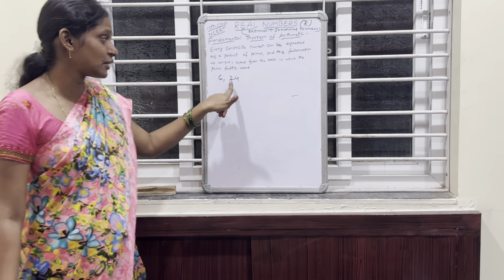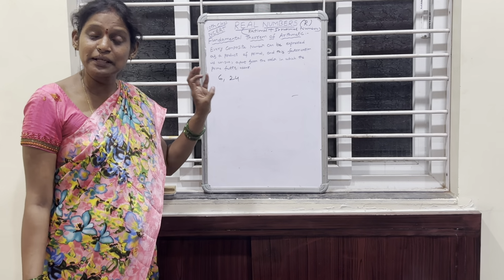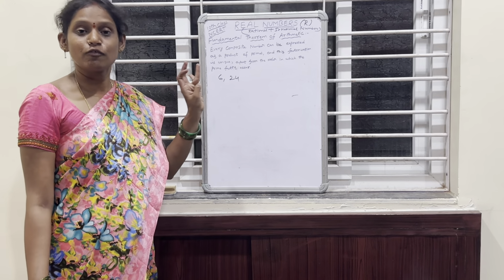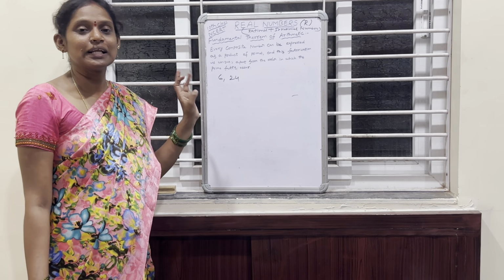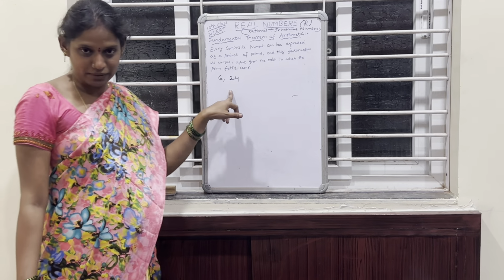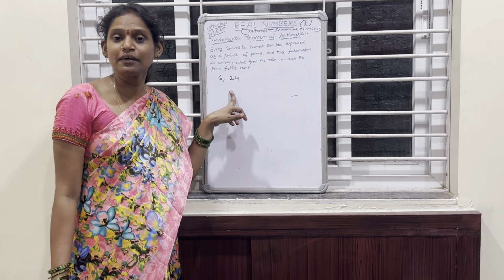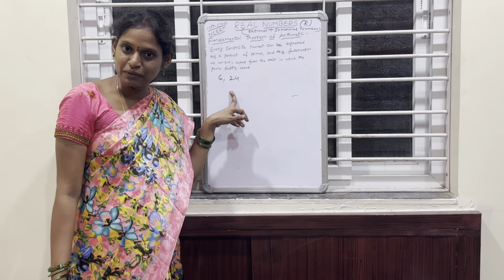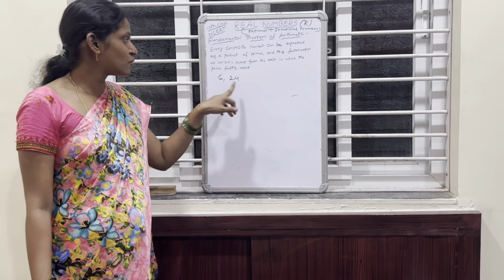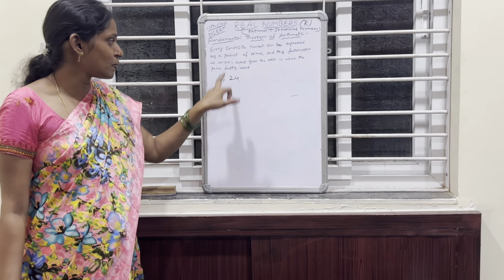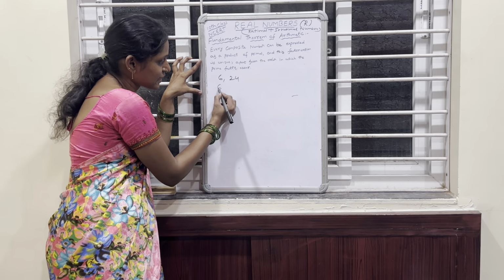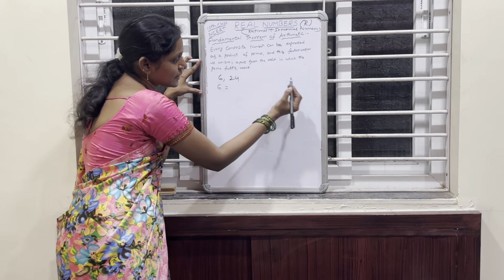And 24: 1 table, 2 table, 3 table, 4 table, 6 table, 8 table, 12 table, 24 table. So more than 2 factors, so both are composite numbers. Every composite number. First I am taking 6. How can I write 6? See here, 6.